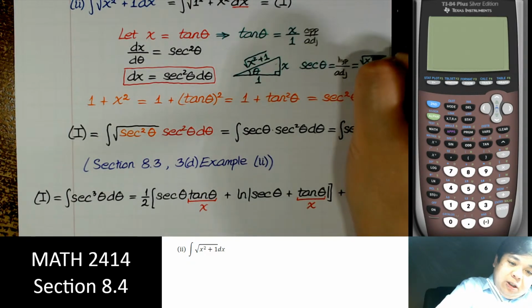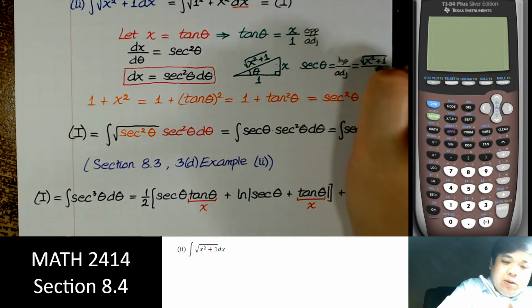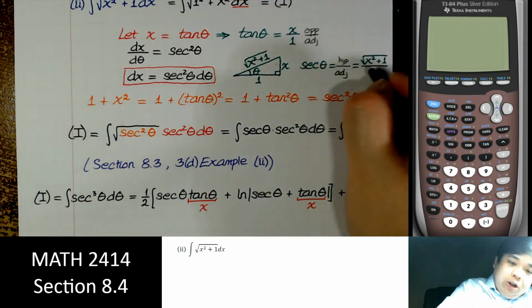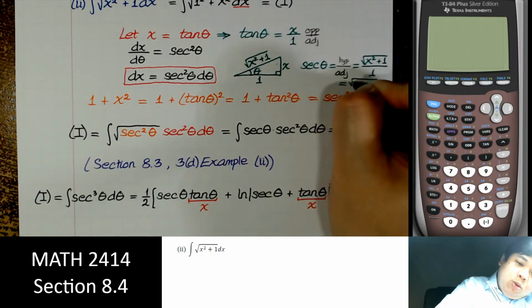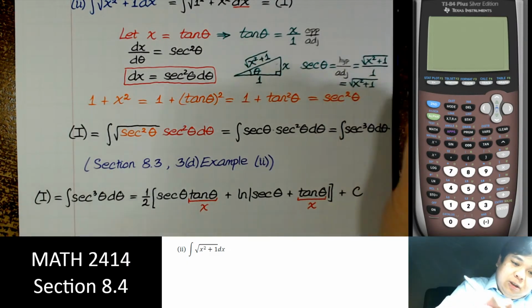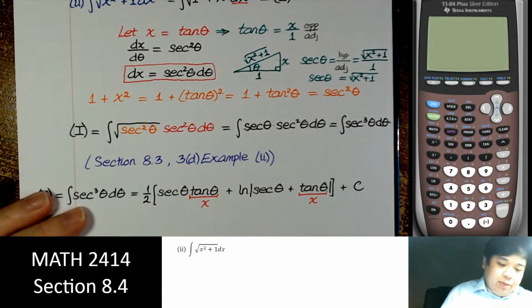Hypotenuse over adjacent. So that is just square root of x squared plus 1 is the secant theta. Right.